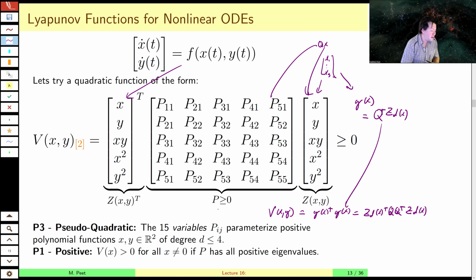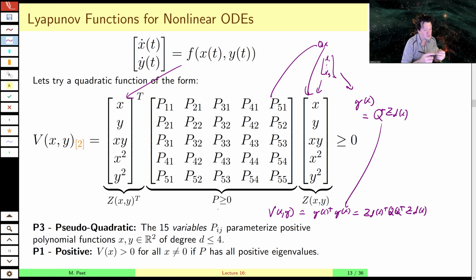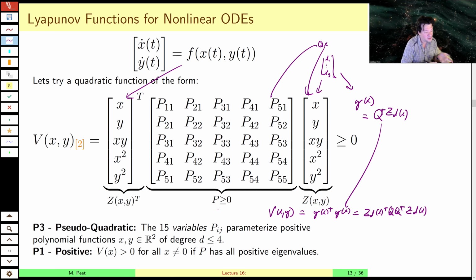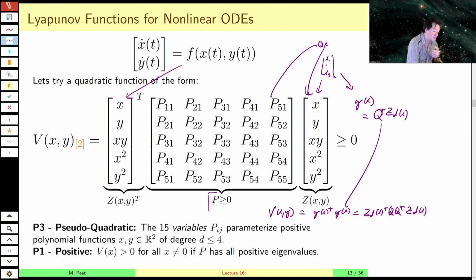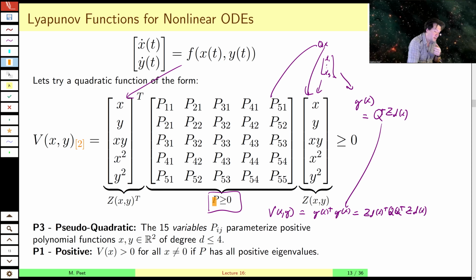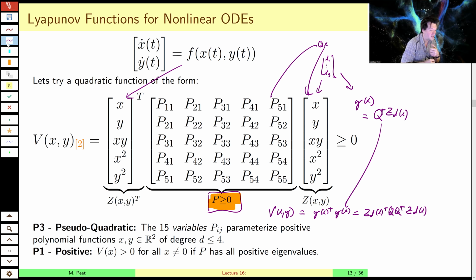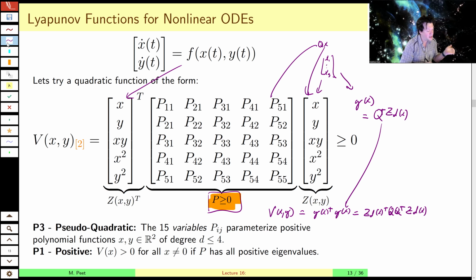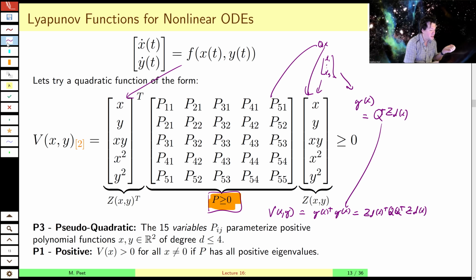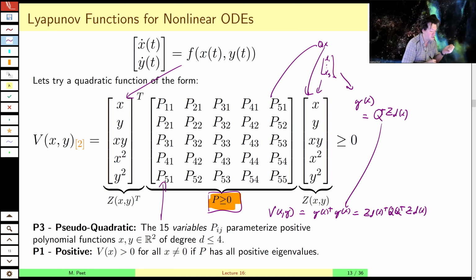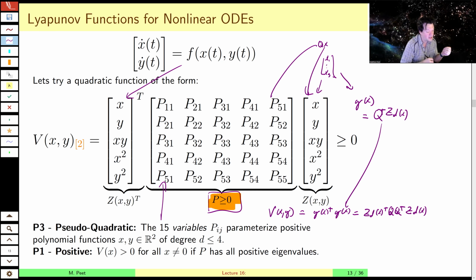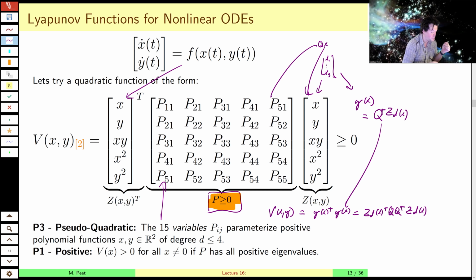If we assume that our Lyapunov function looks like this, then we can simply impose positivity of this matrix, and that gives us a sufficient condition, at least, for positivity of the Lyapunov function itself. And conveniently, it allows for this representation of the Lyapunov function using, again, these 15 parameters.